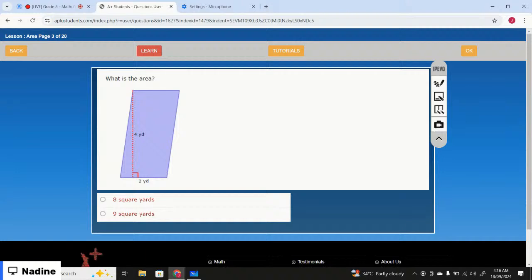What is the area? That is 8 square yards.